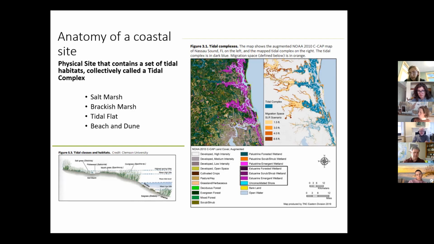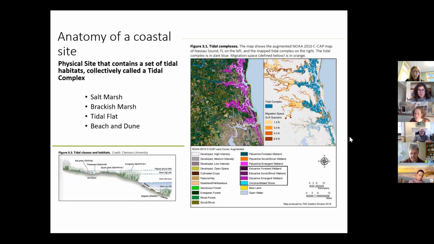It includes tidal flats. It includes brackish marsh, salt marsh, and in the coastal areas, our marsh migration space actually also includes tidal freshwater wetlands. So all of those complexes within the tidal zone are part of the analysis, even though we use this catch-all term of marsh most frequently.